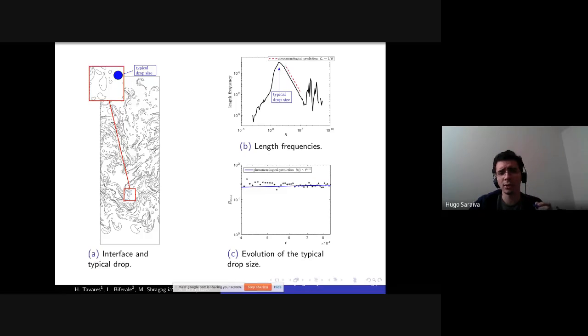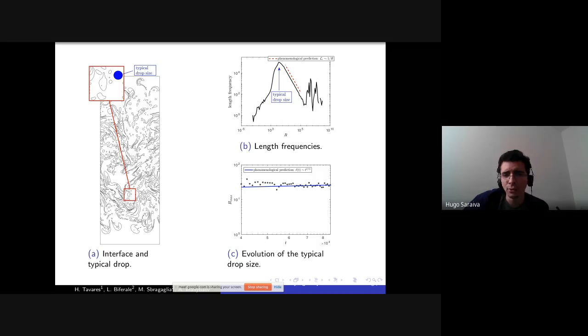And for every point, you can also associate a length, taking the average of the length of the adjacent line segments to this point. So, in conclusion, for every point, you can associate a curvature and a length. With this information, you can build a histogram with length frequencies. And this histogram has a well-defined maximum. So this maximum shows what is the typical curvature radius of the system.